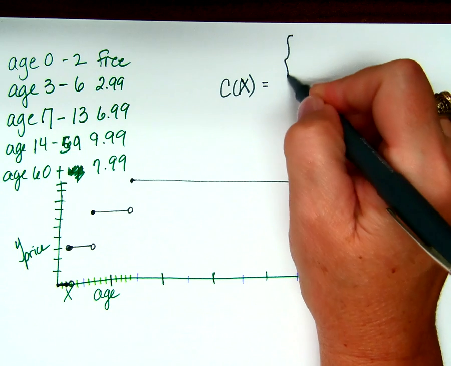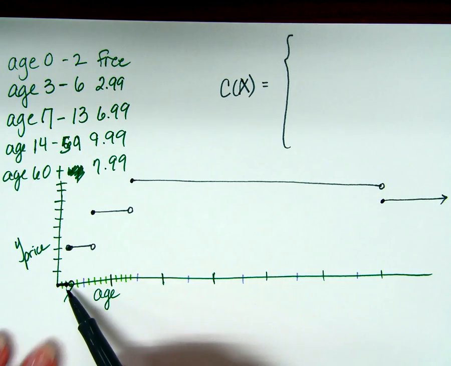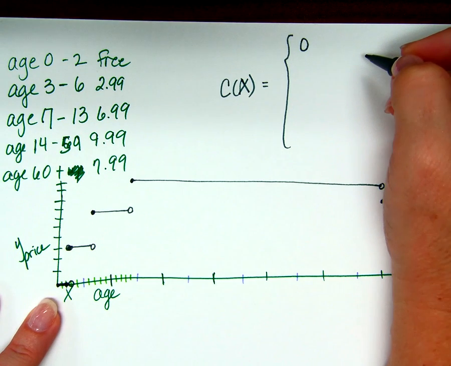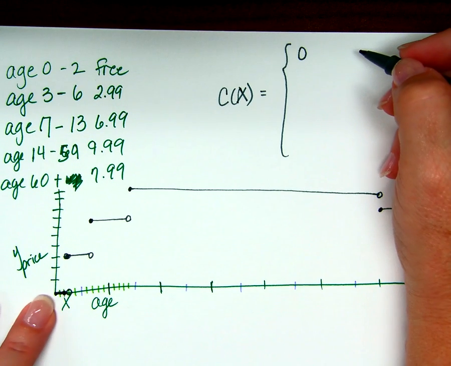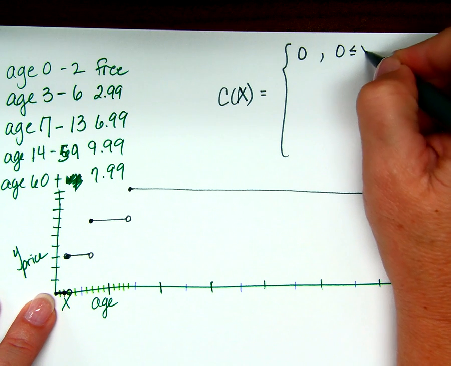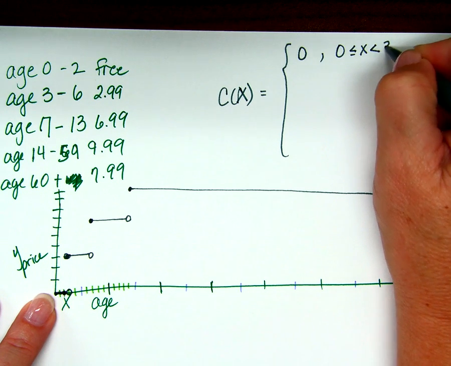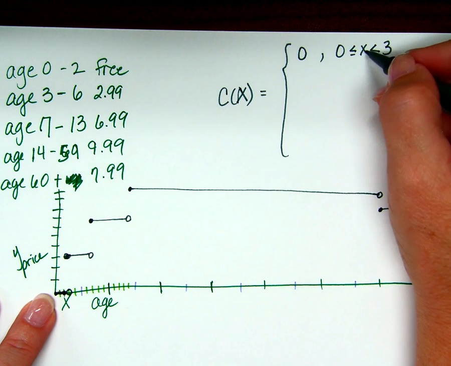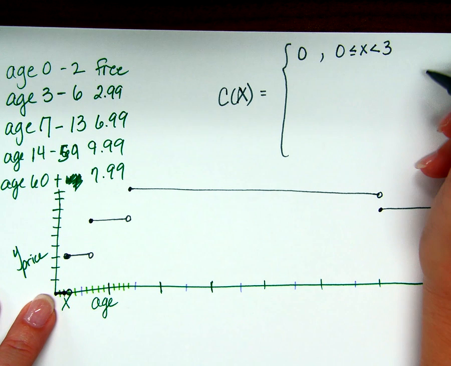Well, the cost is going to be how much? 0 for when? Between 0 and what? And 3, right? But not including 3. All the way through 2 up to 3, but not including 3. Are you okay with that?